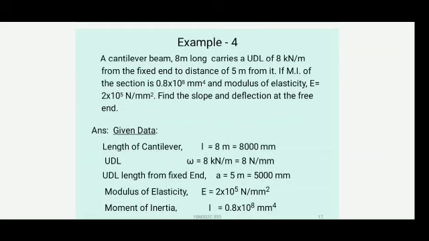The UDL length from the fixed end is a equal to 5 meters, 5000 mm. Modulus of elasticity is E equal to 2 into 10 to the power of 5 Newton per mm square. Moment of inertia is I equal to 0.8 into 10 to the power of 8 mm to the power of 4.